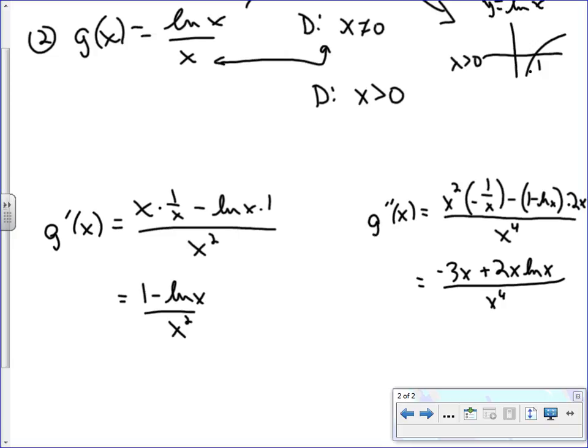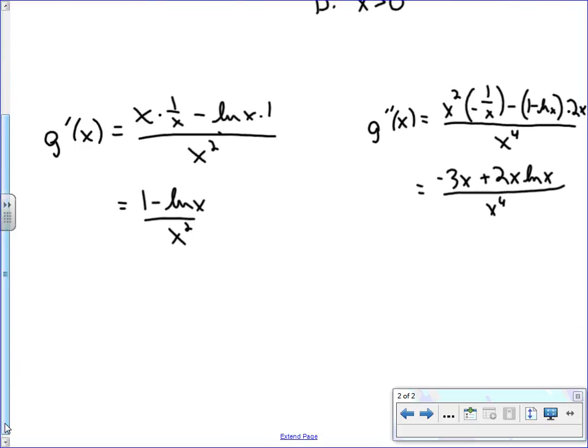Now, we should be expecting the denominator, to take the derivative to go from x squared to x cubed. That's what we're expecting to happen. It went to x to the fourth. It's kind of a clue that you might need to do something like, look at the top, what do you see in both terms? The x, so we'll factor one out.